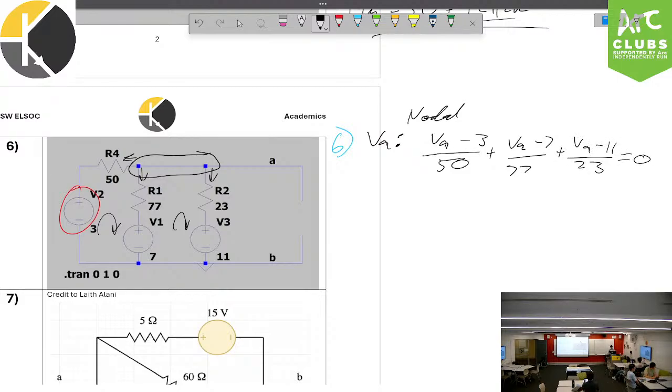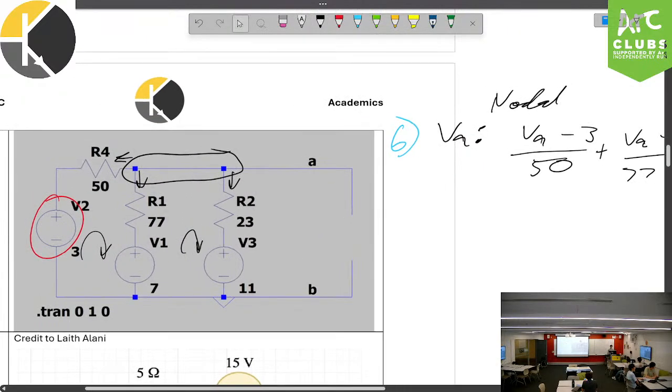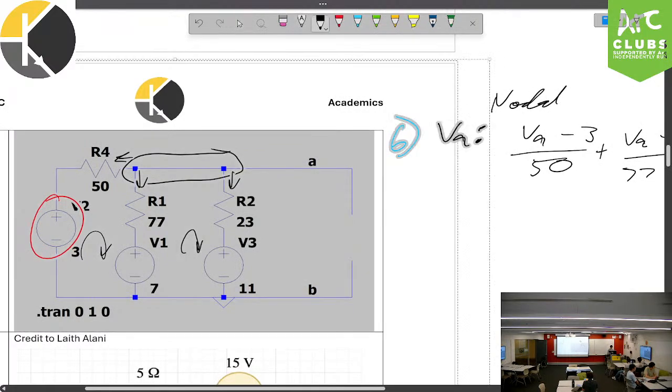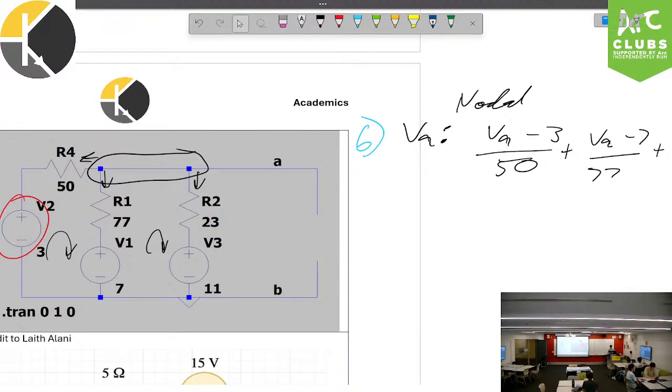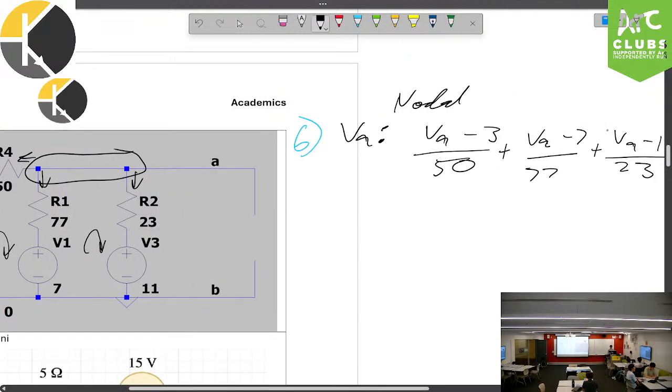And that equals the currents coming in, which is 0 so far. I like this method of saying, oh, I'm going to assume everything is going out, and then VA minus surrounding voltages over their respective resistances is equal to 0. Because this allows me to group up VA very easily, very quickly.